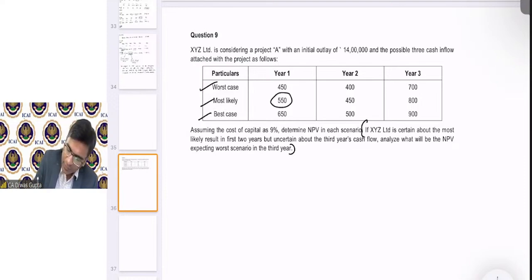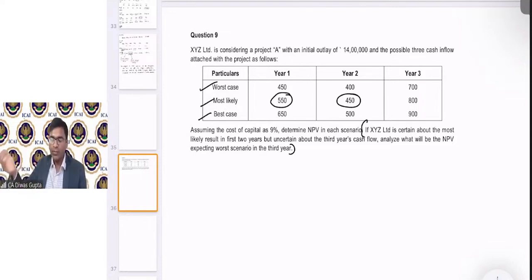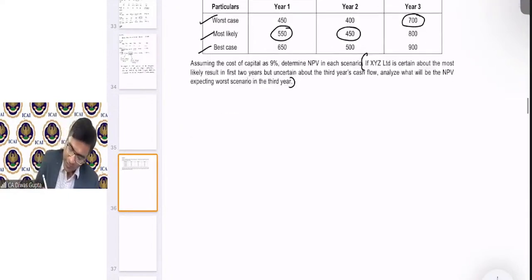This one and this one. But it is uncertain about the third year cash flow, so the worst scenario in the third year is this one. So the cash flow for the second part will be 550, 450, and 700. Simple. And using that, we can calculate the NPV. So first calculate the NPV for all the three, which is the first part.